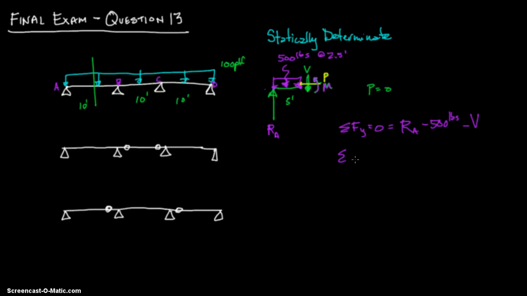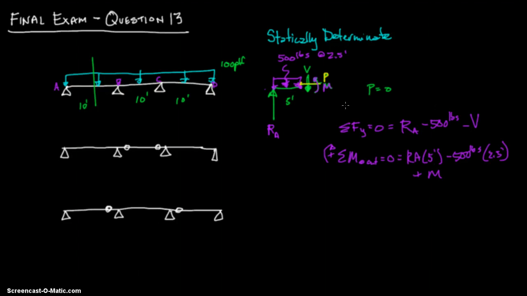Now let's do the sum of the moments about the cut equals 0, and we say this is positive, and we'd have RA times 5 foot, and then negative 500 pounds times 2.5 foot, and then you would also have plus M. So in this circumstance, you also have two unknowns.